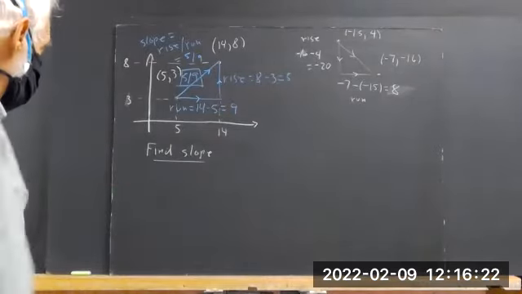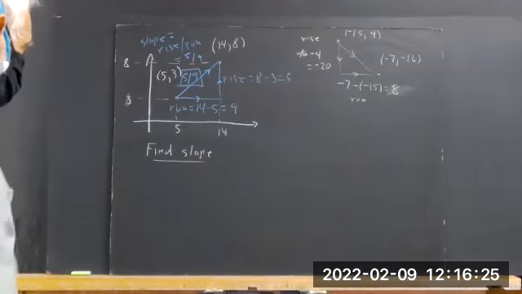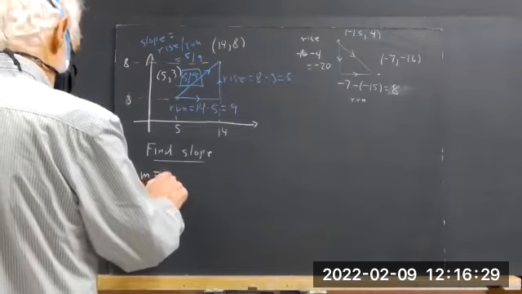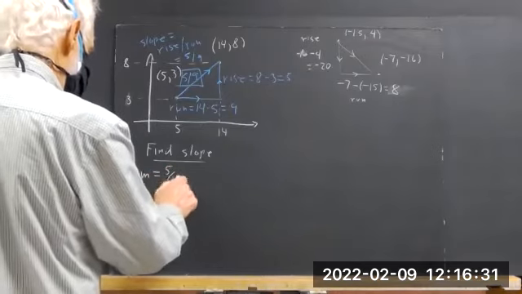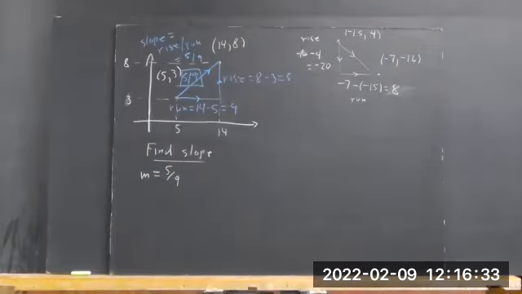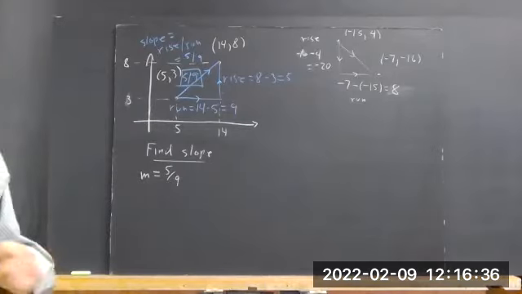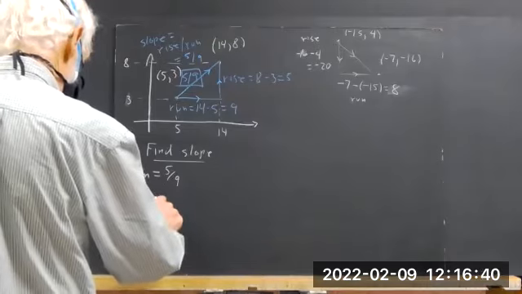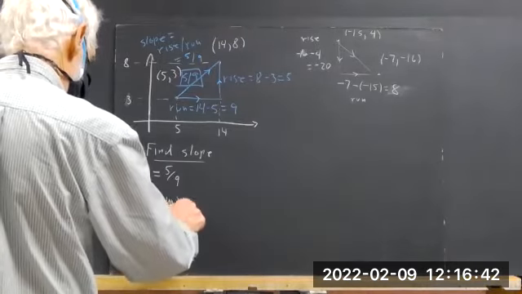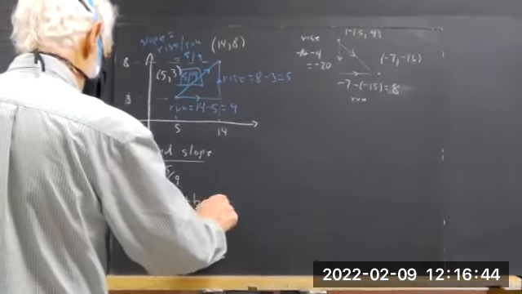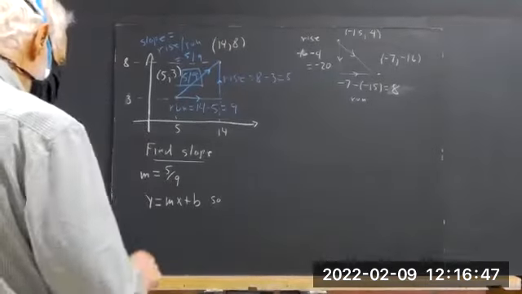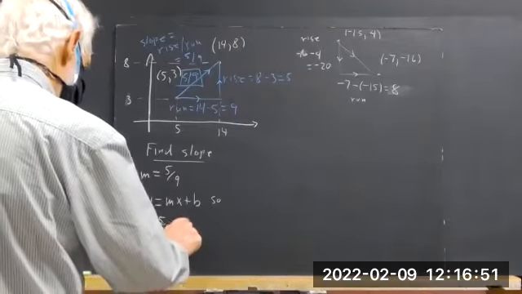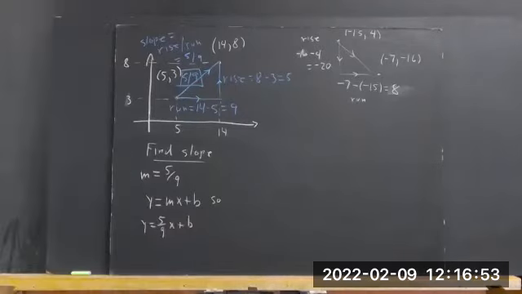So we find the slope. You get 5/9. So I'm going to write down m equals 5/9. And then I'm going to write down, and watch this, this is the big step: y equals mx plus b, so y equals 5/9 x plus b.